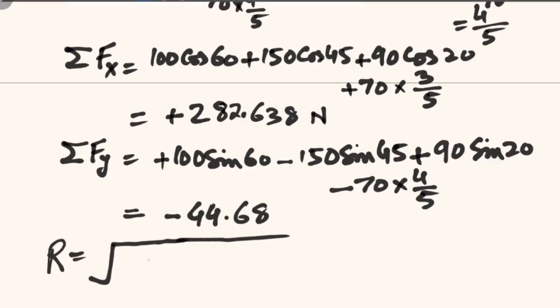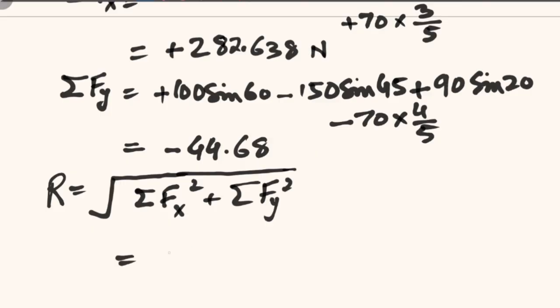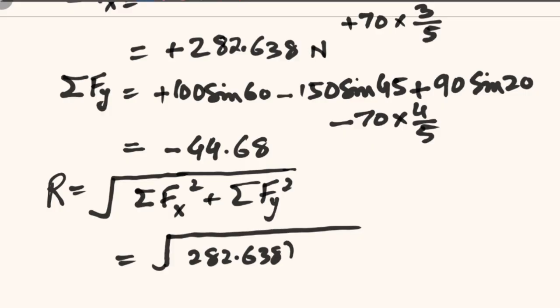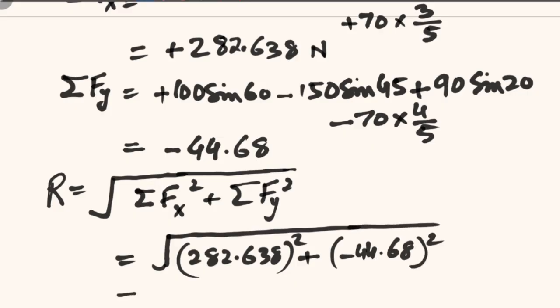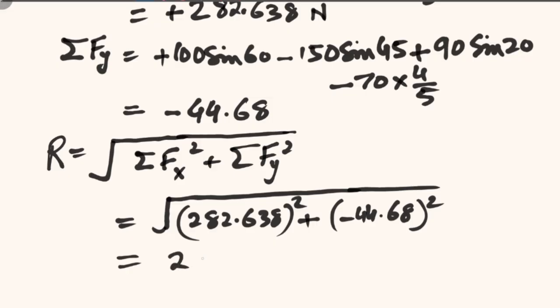So R is equal to the square root of sigma fx square plus sigma fy square, and when we substitute the values of sigma fx and sigma fy here we have 282.638 square plus minus 44.68 square, and when we take the square root, this value is 286.15 Newton.